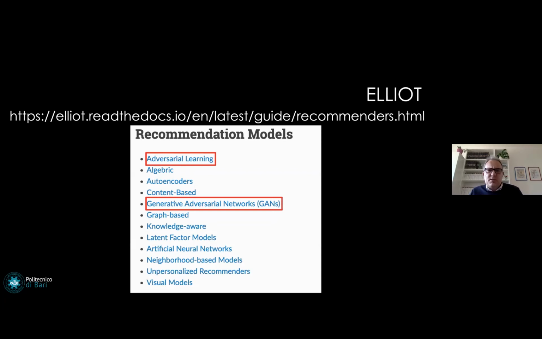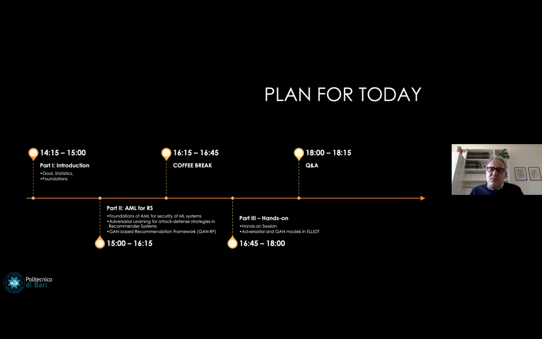which are the main elements that we will cover during this tutorial for recommender systems. This is the plan for today. In this initial part, I will give you just a few notions about recommender systems, just three or four slides, no more.